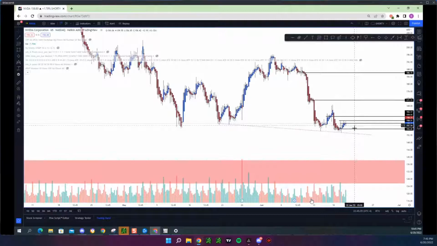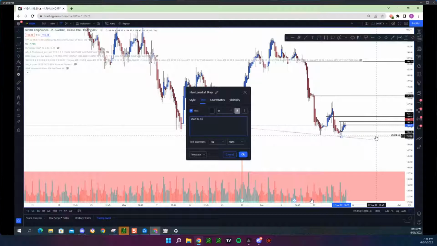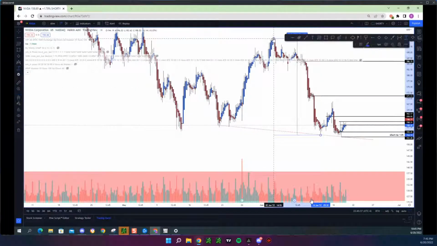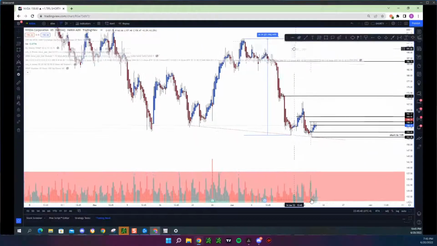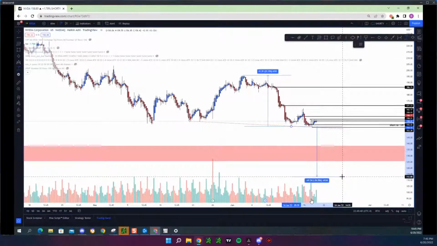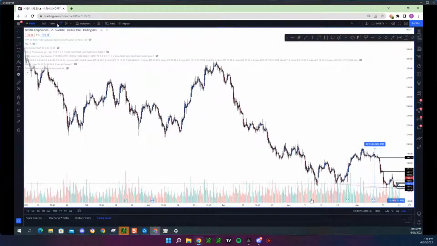So either way, I think if this trend line breaks here, this is in trouble. How crazy would that be? About $110 for NVIDIA. That'd be a pretty good deal.